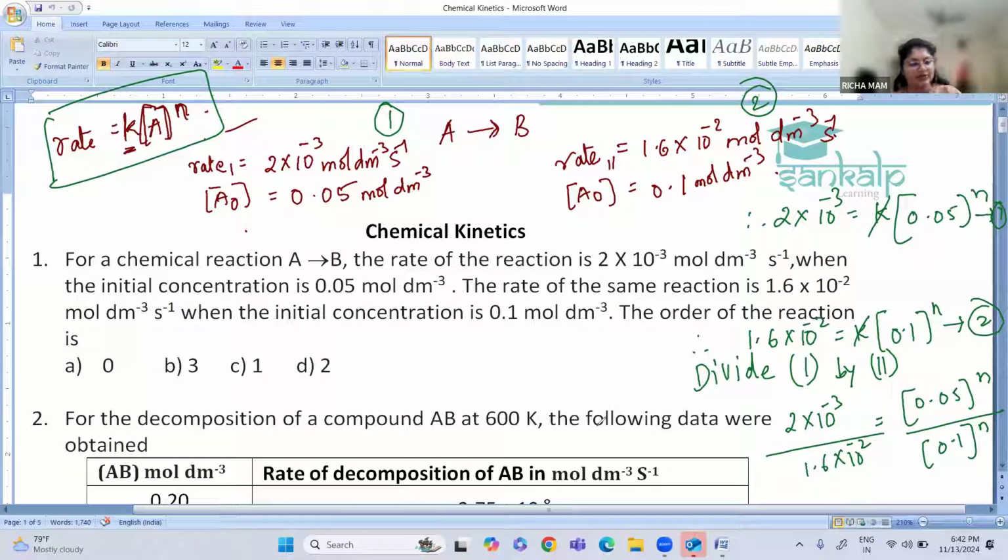So this will be 1.6 into. So after substituting this, I'm going to get... okay, Shri Varuni has answered B.